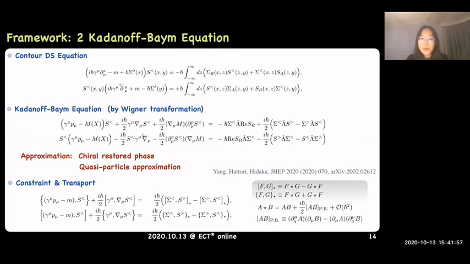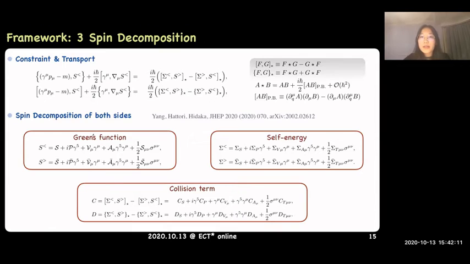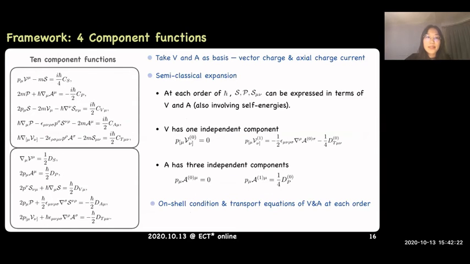With these two approximations, we can obtain the constraint and transport equations by summing and subtracting the two Kadanoff-Baym equations. The next step is to take the spin decomposition of the Wigner function, the self-energy, and the collision terms, and we obtain the component equations. The right-hand sides of these component equations are the collisions.